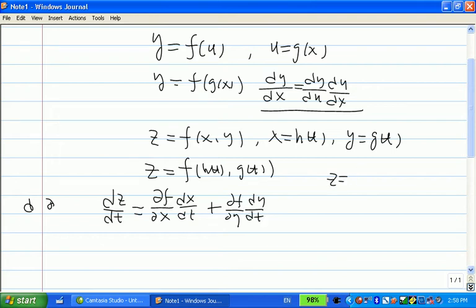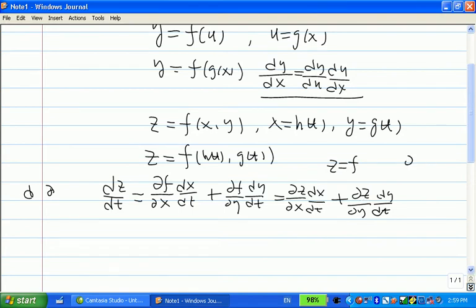Since z equals f, this is the same thing: partial z with respect to x times dx/dt, plus partial z with respect to y times dy/dt.